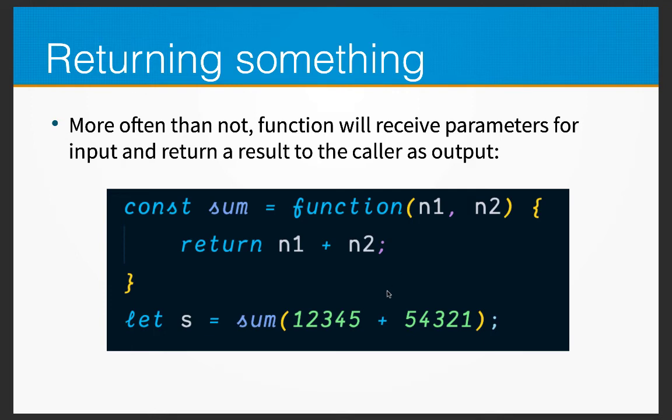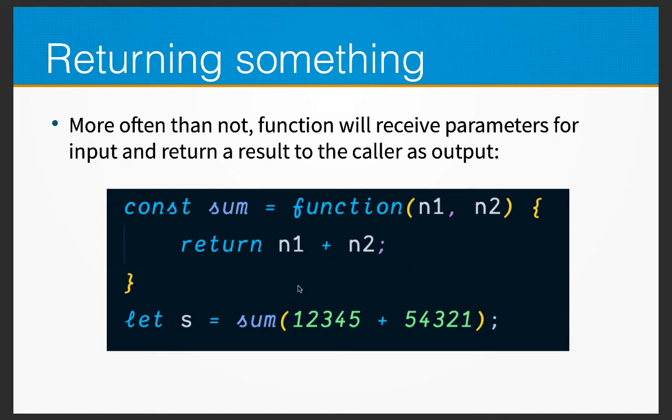As you can see here, I invoke this function sum, which takes the two input parameters n1 and n2, and this function returns the sum, an expression that has as a result the sum of the two numbers. And so when I call sum, you can imagine that the function executes, and in its place it materializes what the function returns, what the function promised to return after the keyword return.